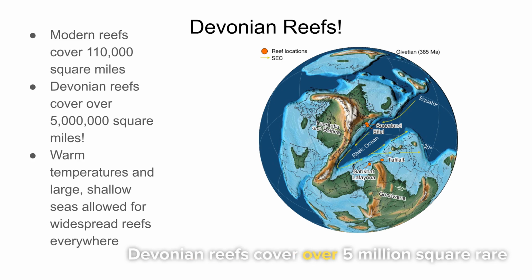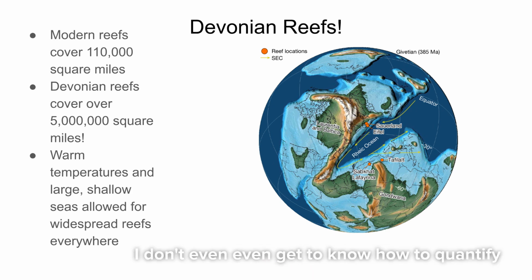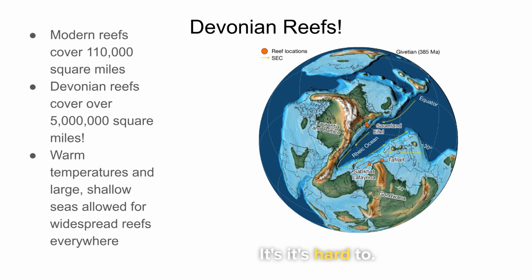Devonian reefs cover over 5 million square miles. That is absurd. That is crazy. I don't even begin to know how to quantify what number of organisms would rely on reefs like that. It's hard to. But there were warm temperatures and large shallow seas everywhere, which allowed for widespread lateral reefs. It's crazy to think about.